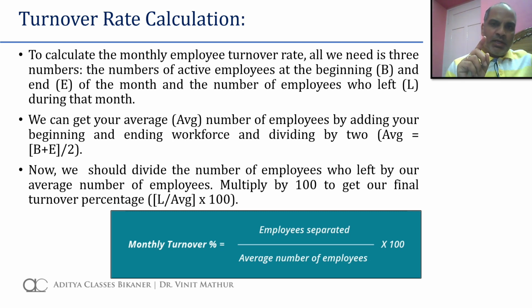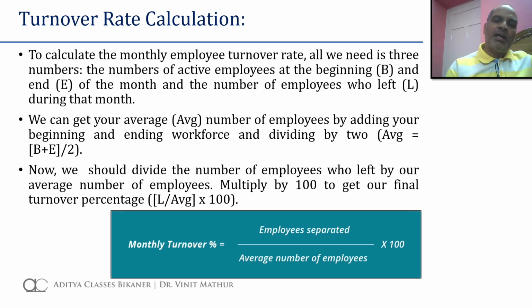You can calculate the average number of employees during this duration by adding the employees at the start of the month and the employees at the end of the month, and dividing by 2.